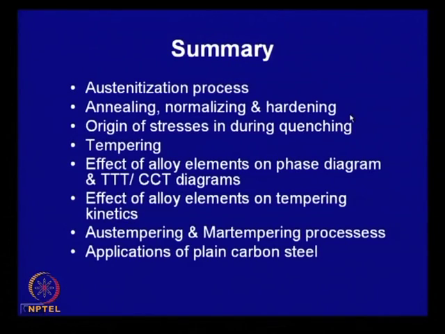And we also looked at the types of structures that develop during annealing, normalizing and hardening in 3 different grades of steel, that is eutectoid, hypo-eutectoid and hyper-eutectoid steel, and we tried to also give the justification for the selection of austenitization temperature in each of these cases.